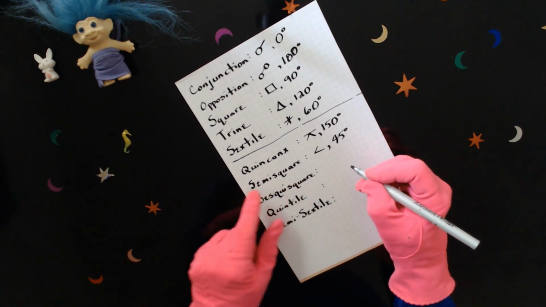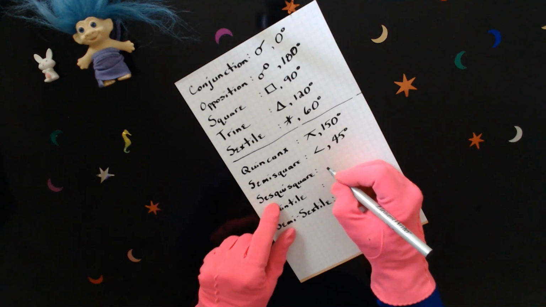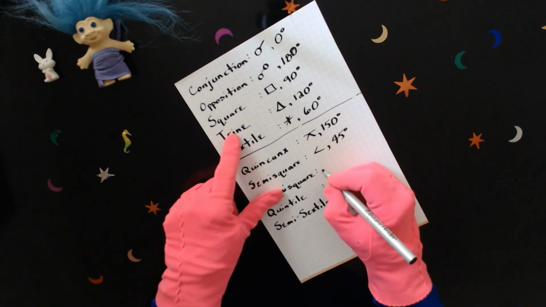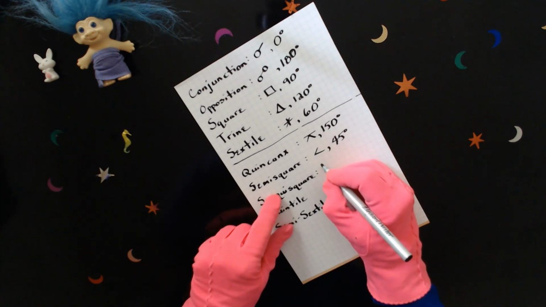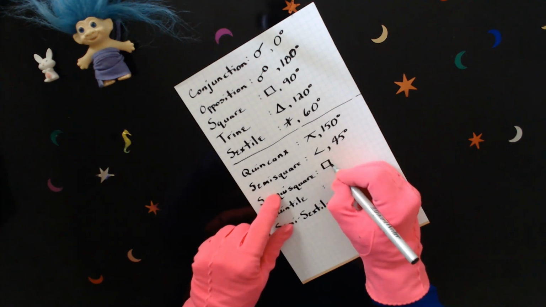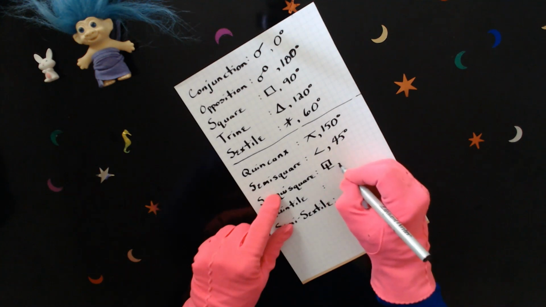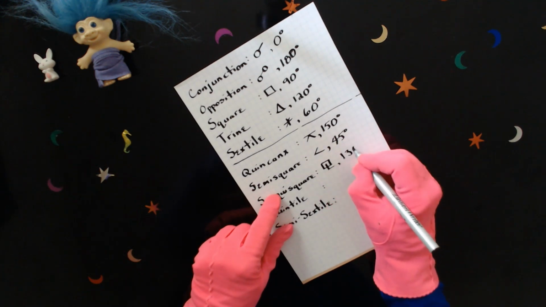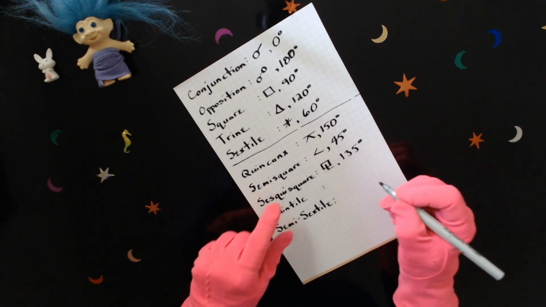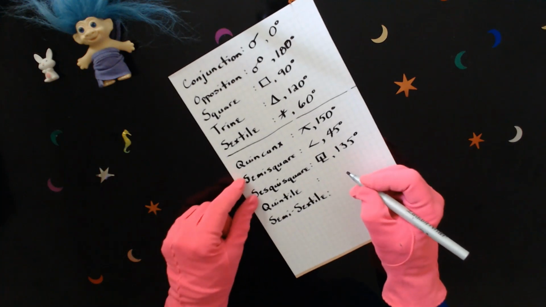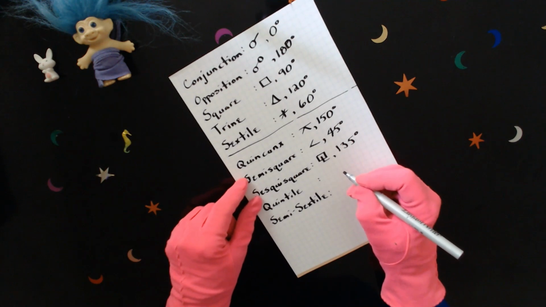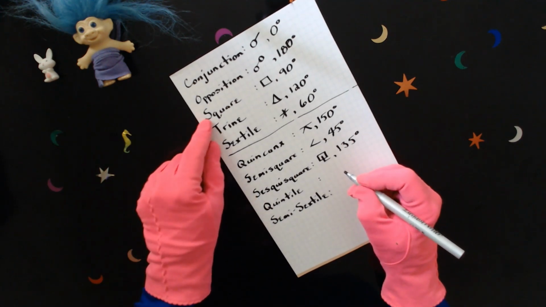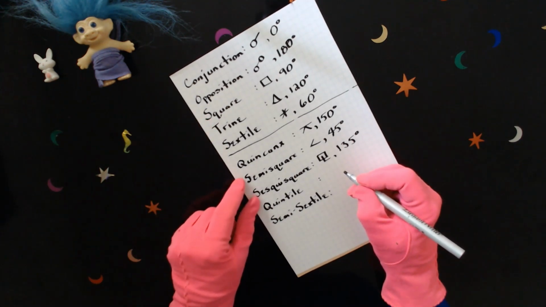And the sesqui-square is 90 degrees plus 45 degrees, so it's 135. Its glyph is a square with an L in it. Both of these show some struggle, some difficulty, not as much as the square, but some difficulties.